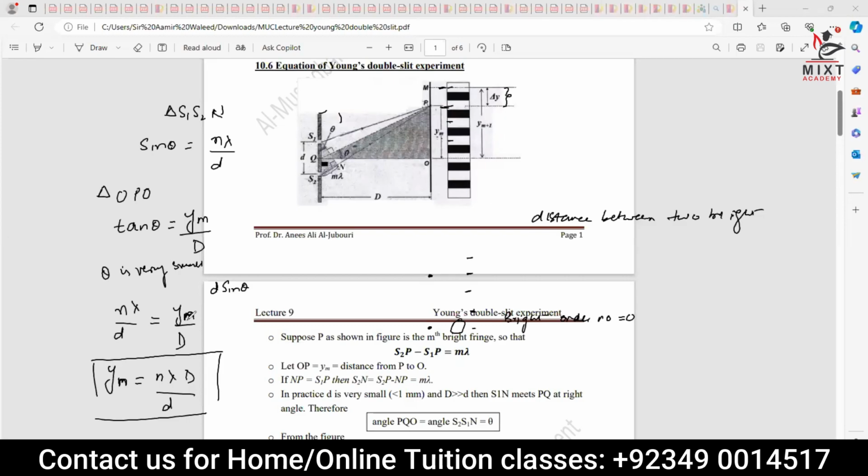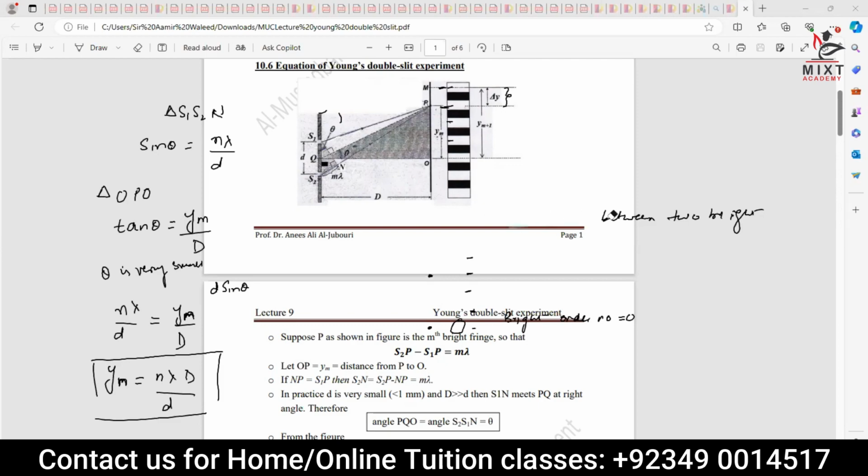Let's suppose you place 2 at the place of n, then it will tell you the height of the nth bright fringe with respect to the central fringe. Lambda is the wavelength, and capital D is the separation between the screen and the slit, and small d is the separation between the two slits. Understood?